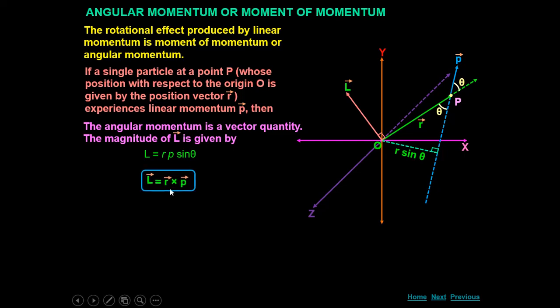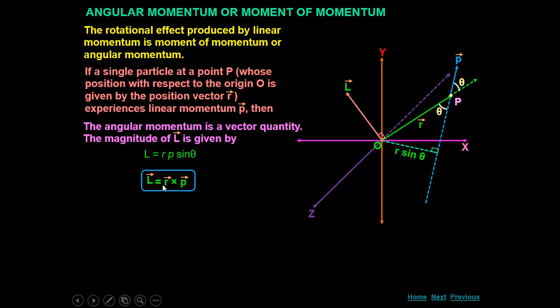In vector form we can write this angular momentum as L vector equal to r vector cross p vector. So r and p, the position vector and linear momentum, are in the xy plane, and perpendicular to this plane, the arrow mark indicating coming towards your face is the direction of angular momentum.